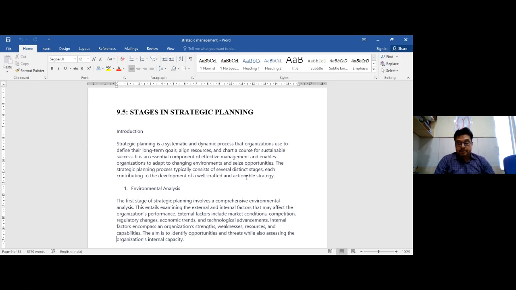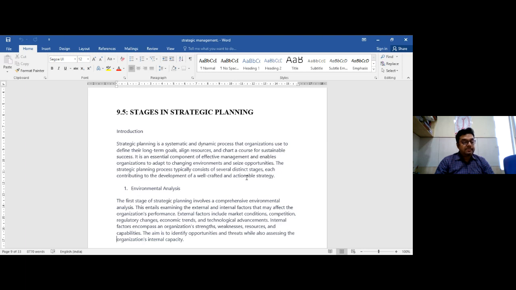So in a way, strategic planning refers to a systematic and dynamic process which organizations may use to define their long-term goals, long-term goals that are meant for the future.